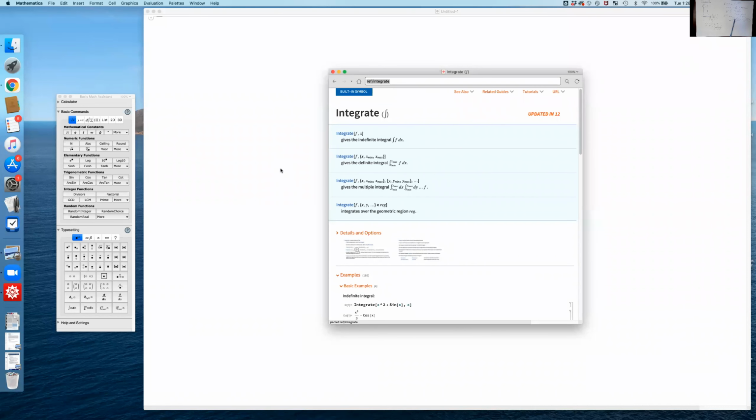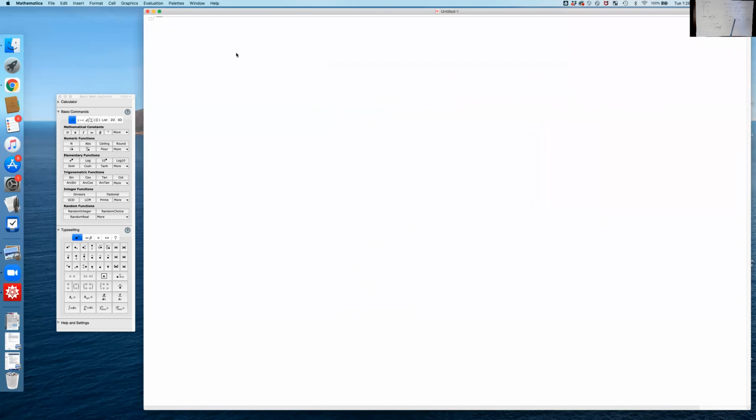All right, as you see on the screen, I'm going to use the Integrate command. Integrate, open square bracket, f comma x, close square bracket gives me the indefinite integral of f dx. That's what I want to do, so that's what I'm going to use. So Integrate. Now, my first function here is x over x squared plus z squared raised to the 3 halves.